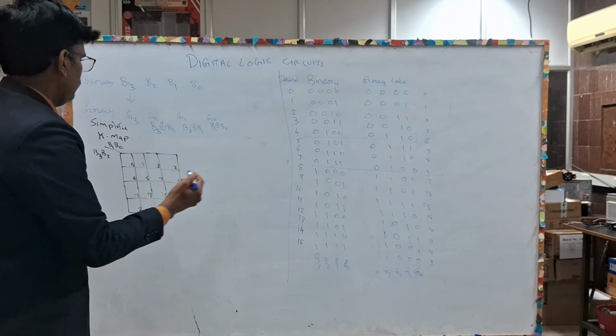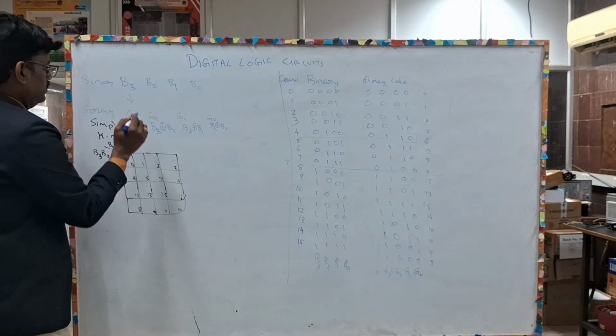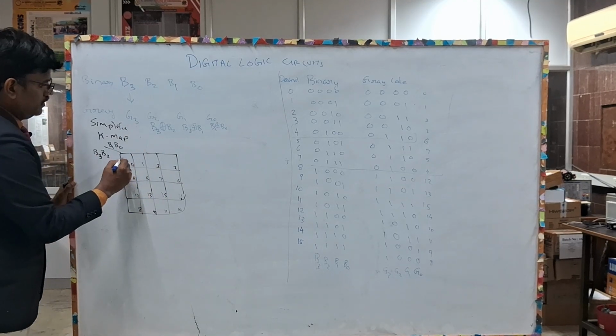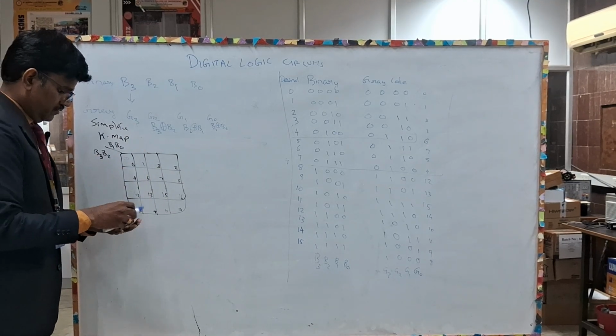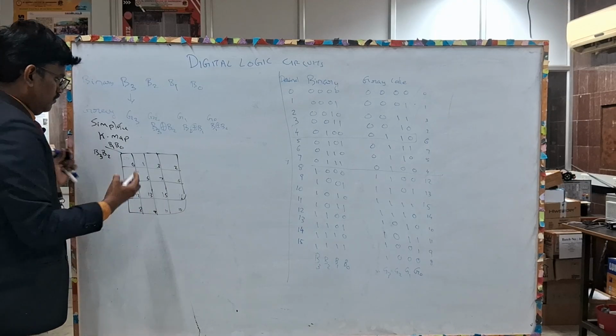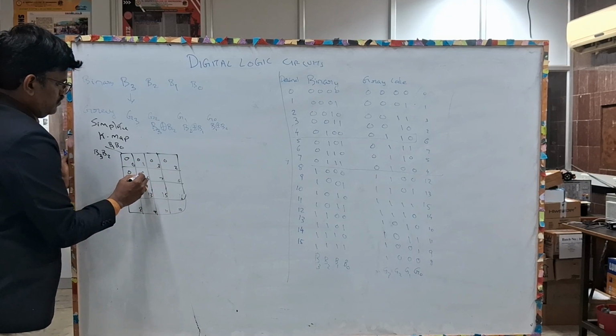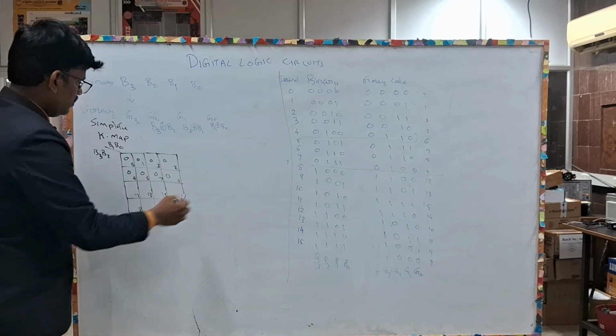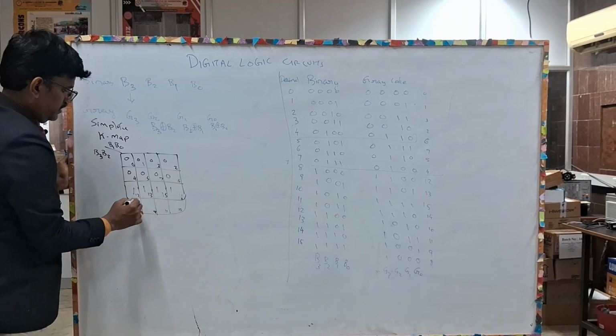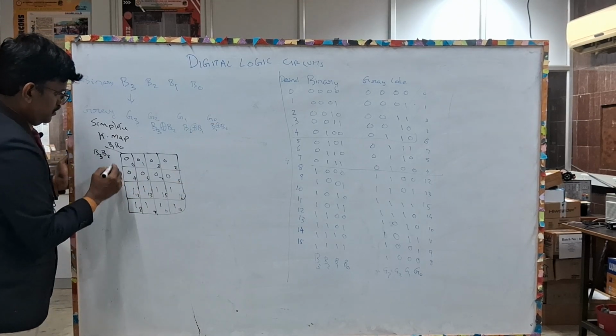For G3, the first 8 values are 0 and the next 8 values are 1.